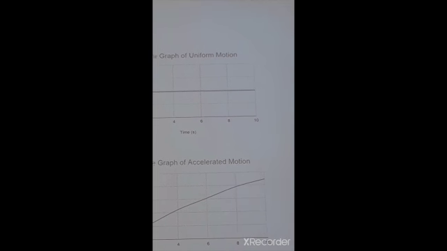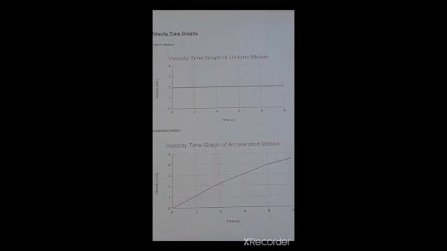At 2, 4, 6, 8, and 10 seconds, the whole trip. Which means when we are going north, our velocity is equal to 1.94 meters per second north for the whole trip.